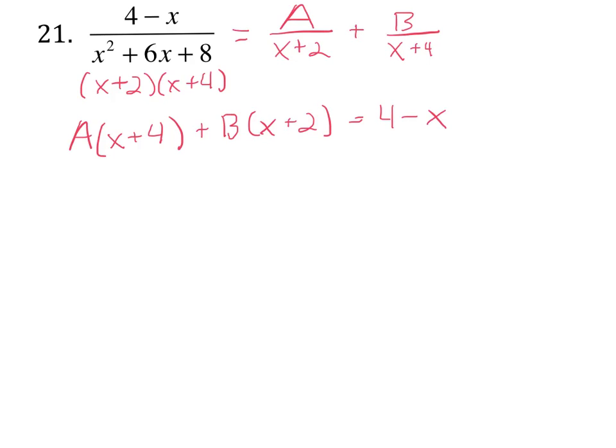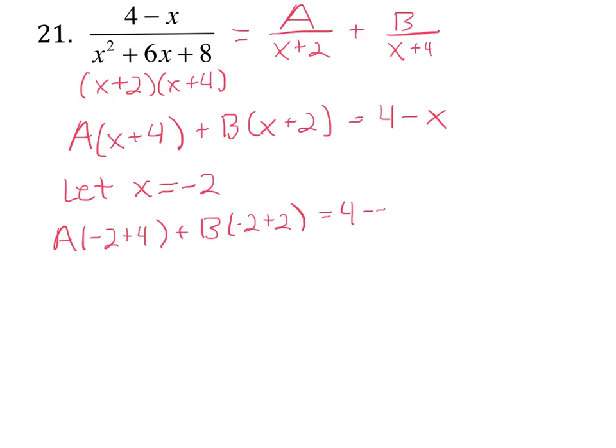So now we want to solve for a and b in order to get our partial fractions. So to solve for a, I'm going to let x equal -2. So I'm going to plug a -2 in wherever I see an x. And the reason we let x equal -2 is so we can multiply b by 0 and have it cancel out.